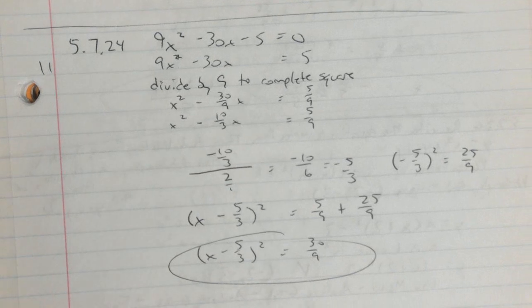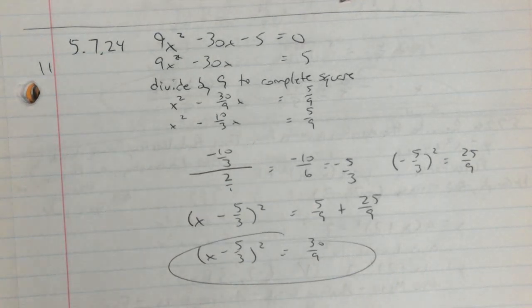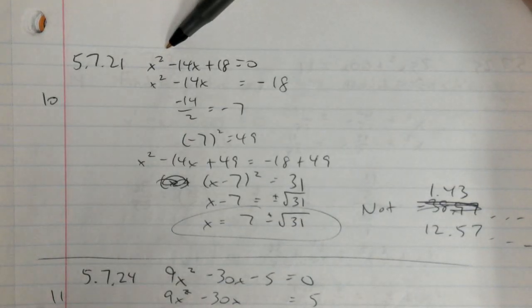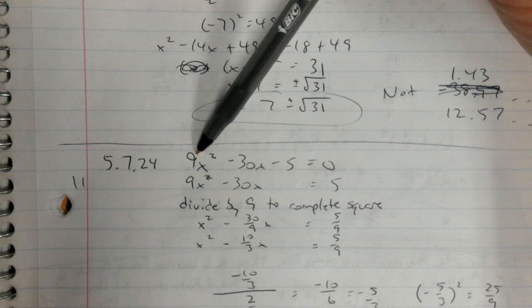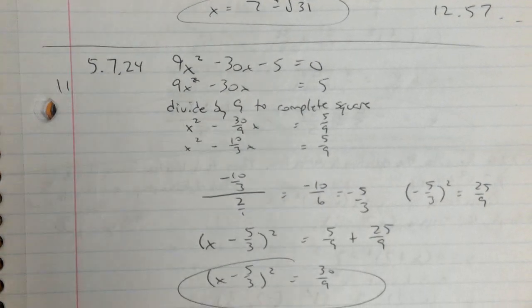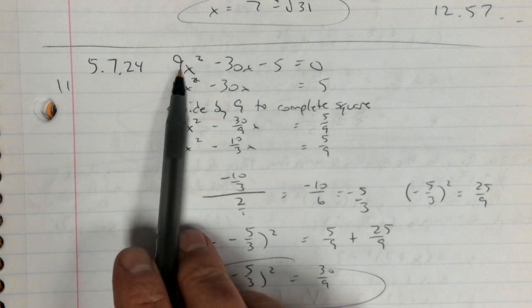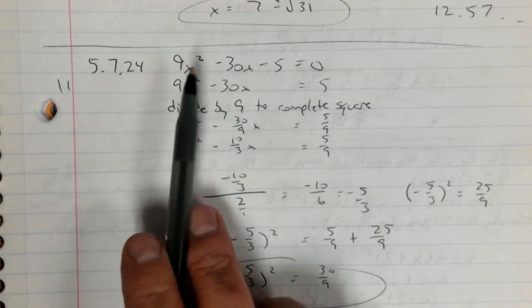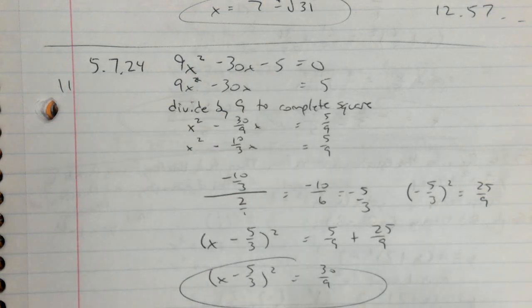On the next one, you have one step harder. So the difference is, on the previous two, you just start with x squared, but this one you start with 9x squared. And in order to complete the square, you're going to have to not have a coefficient other than 1. So your first step is going to be divide by 9 to all terms, basically.